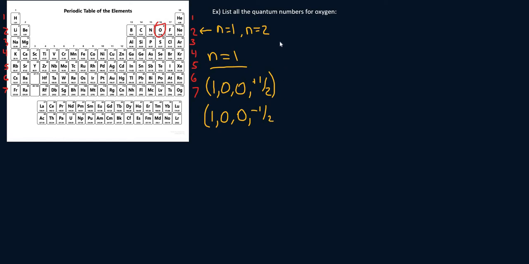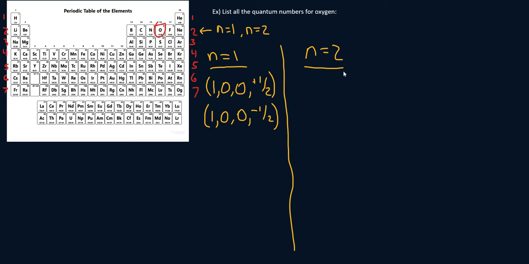And that is it for n equals 1. So for n equals 1, we've covered both electrons for that. Now we're going to move on to n equals 2. So remember, for n equals 2, our L can be 0 and L can be 1, because we go from 0 up to n minus 1, which in this case is 1.